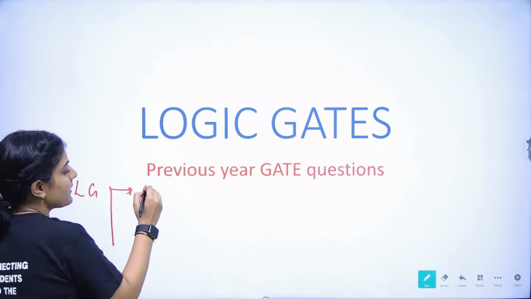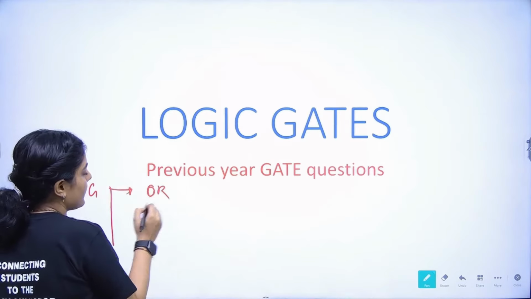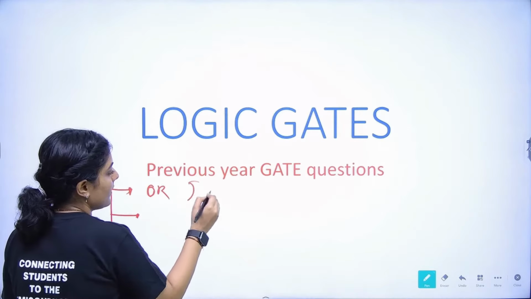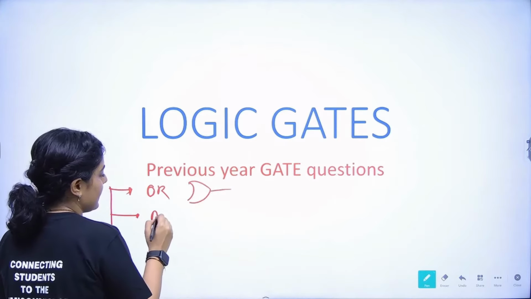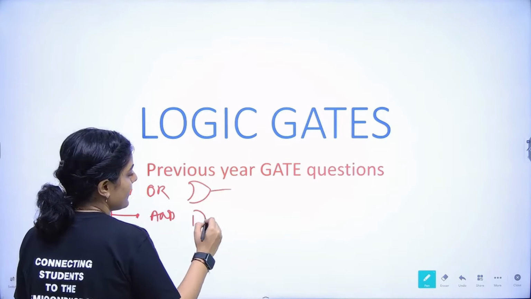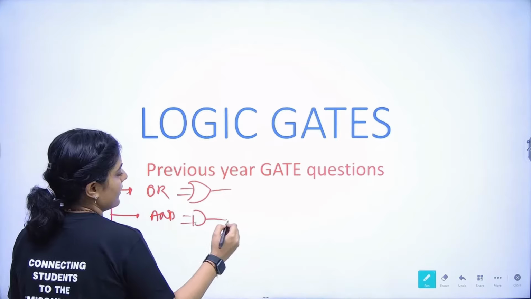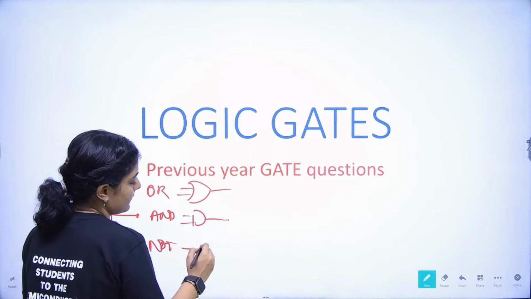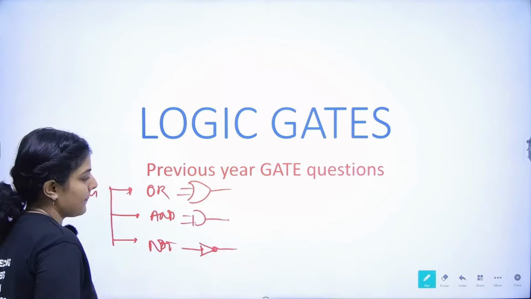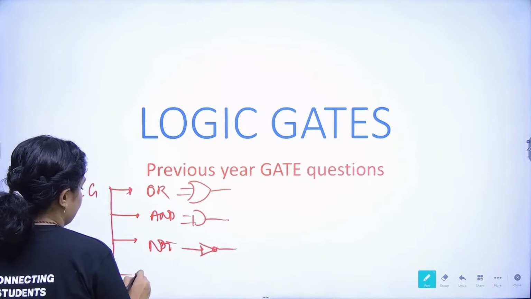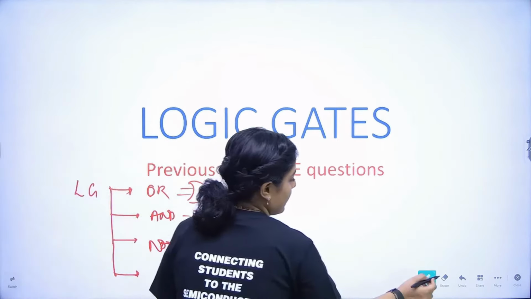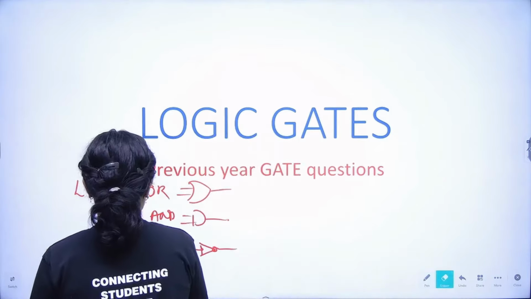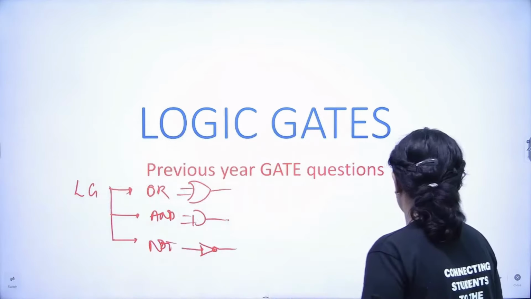Basic logic gates are OR gate, like this, AND gate, like this, NOT gate, like this, right? These are our basic logic gates.